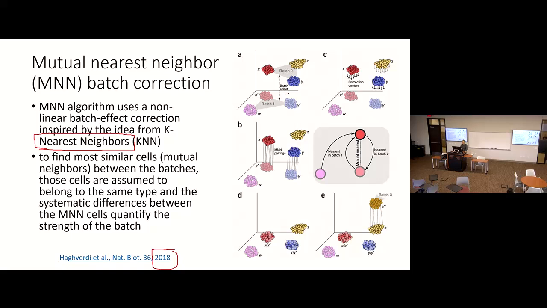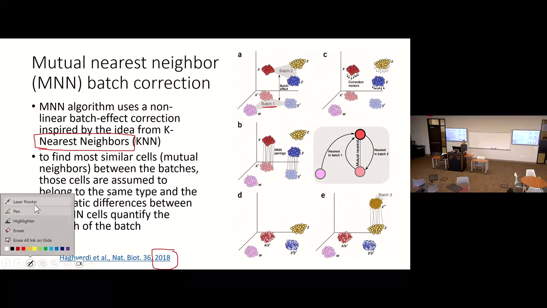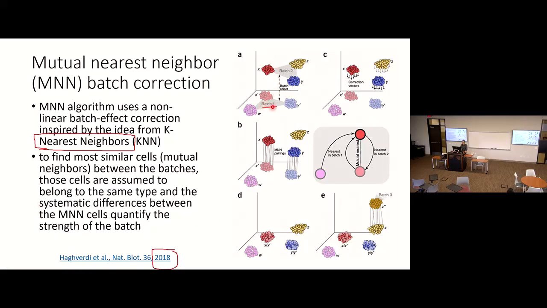So you have the baseline, batch 1. In this case, you have parameters X, Y, and W, the 3 populations of cells. Then batch 2 has been embedded in a 3D disposition, so you shift the global positions of all these batches.